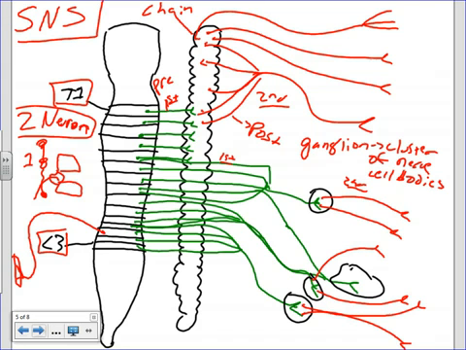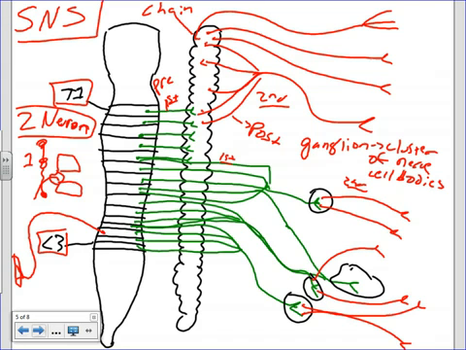Now, when it comes to how the sympathetic nervous system works, the preganglionic fibers can go in a couple of different directions.